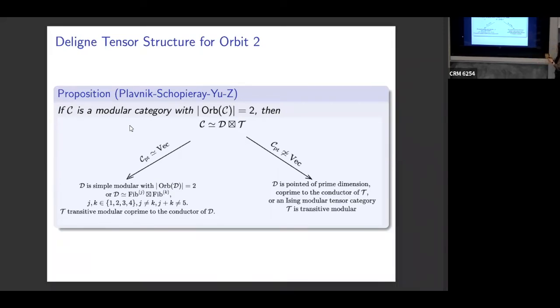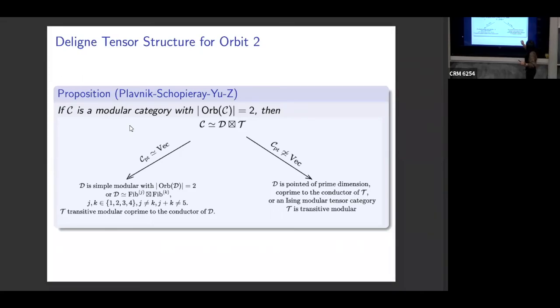And as an application, we can characterize what the Deligne tensor structure is for orbit 2. So basically, if C is a modular category with orbit size 2, then C can be factored this way. I cannot push them together into a diagram.